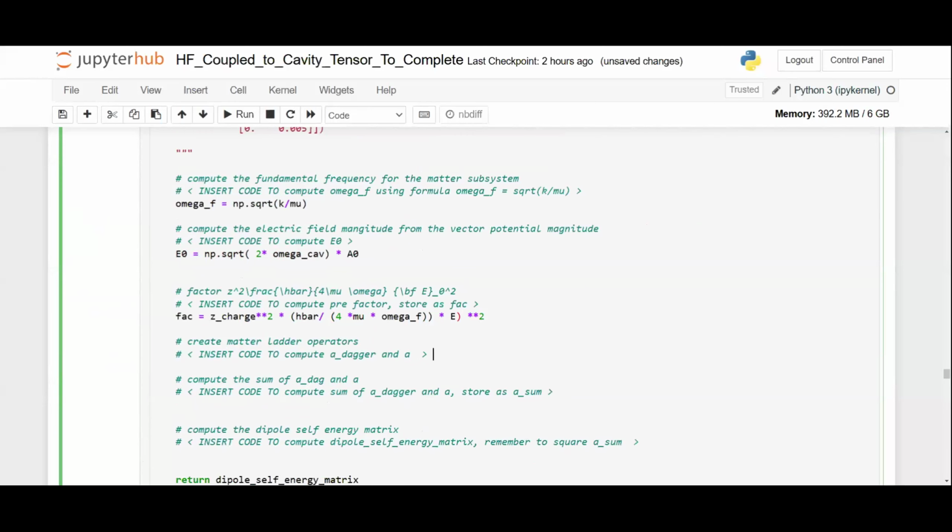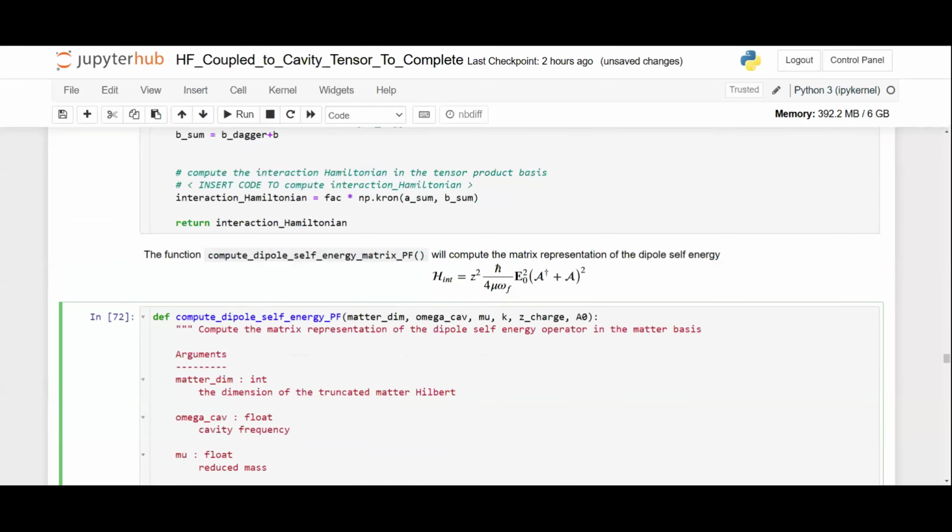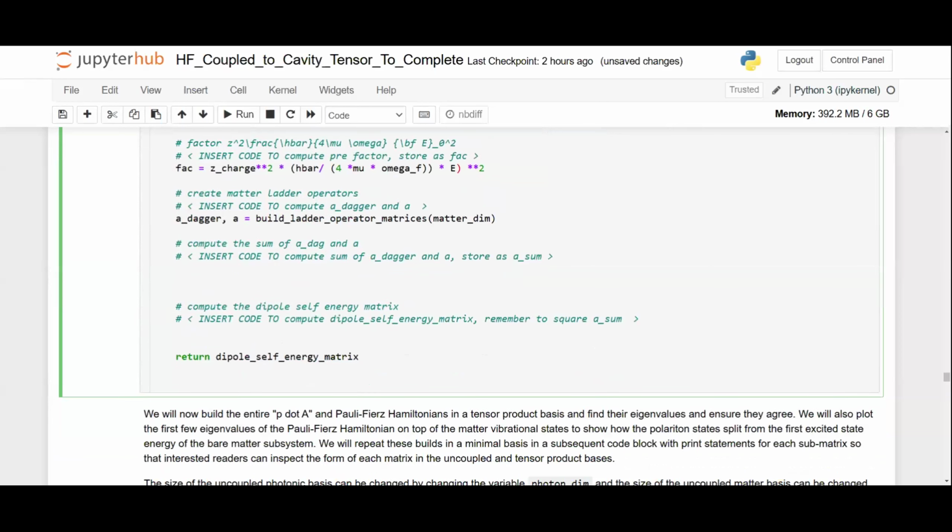Okay. And then once again, we will build the ladder operators for the matter subsystem, A dagger and A. And we will compute the sum of those again.